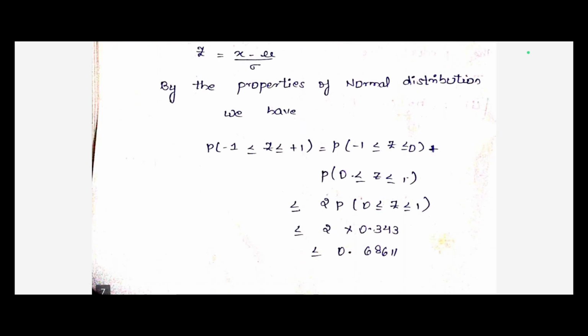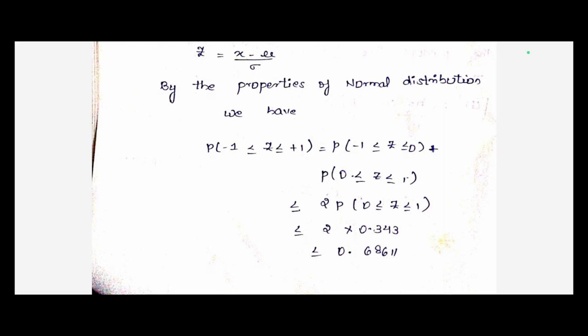By the properties of the normal distribution, we have the probability of minus 1 less than or equal to z less than or equal to plus 1. We can do this with the help of the symmetric property of the standard normal variate.